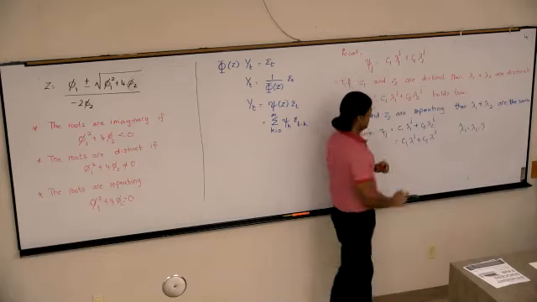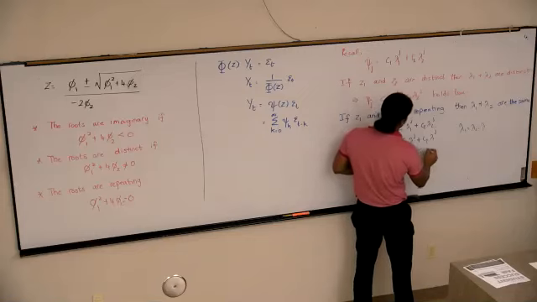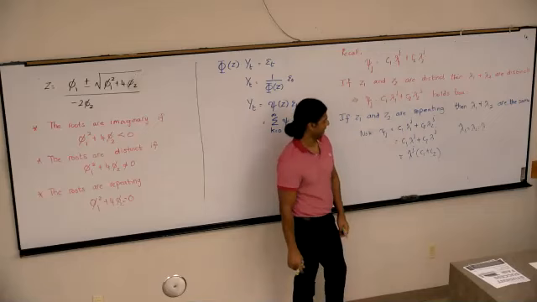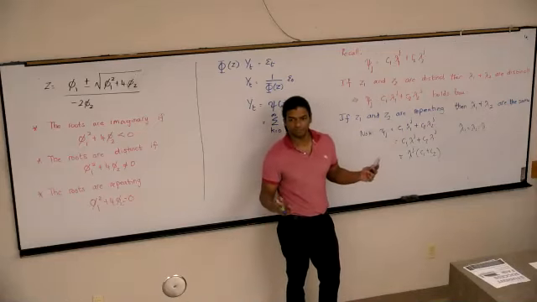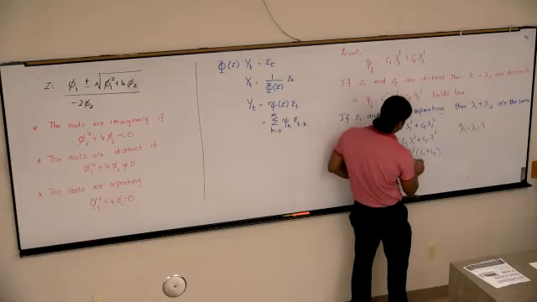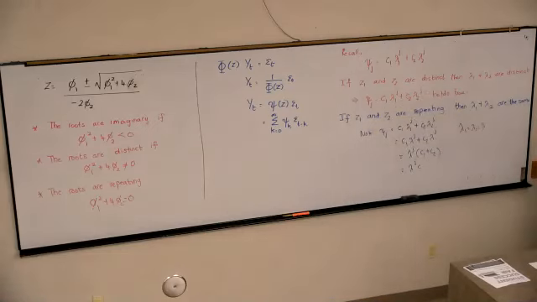Correct? We have lambda raised j in common, and we'd end up having C1 plus C2. But C1 plus C2 is a constant, right? So I can just call it C. We must have only one C. The reason being C1, C2 depend on lambda 1, lambda 2.